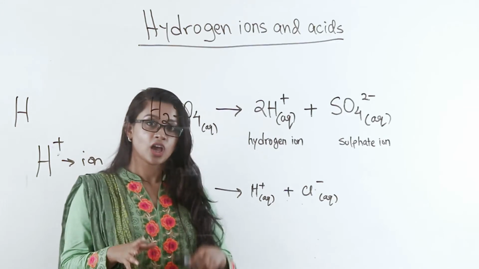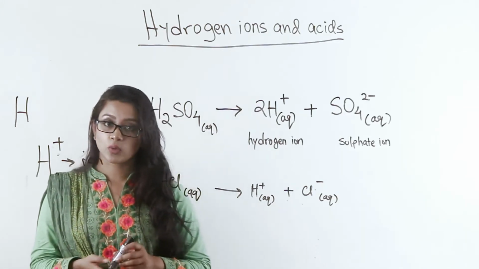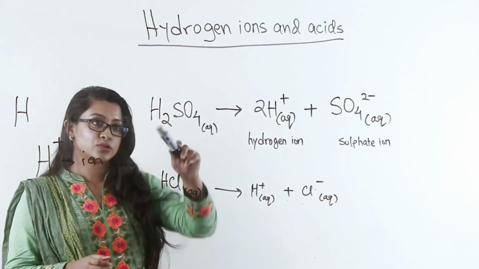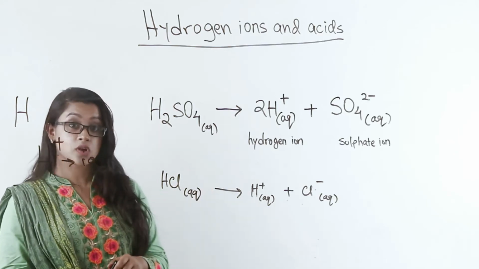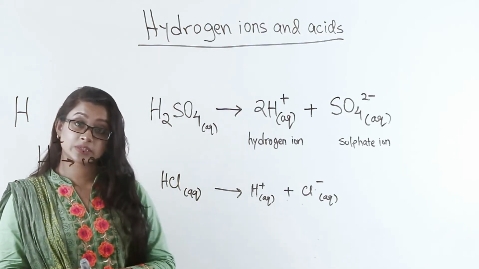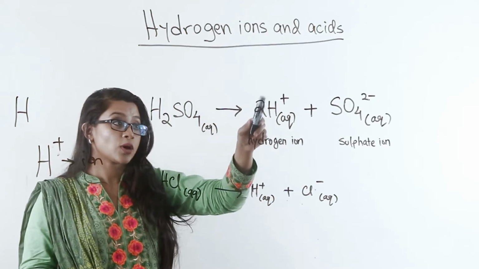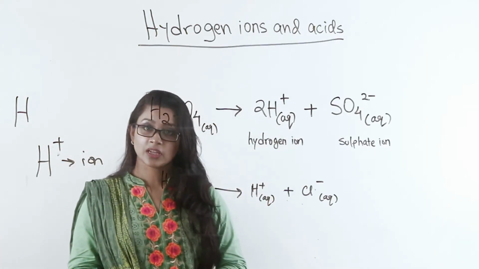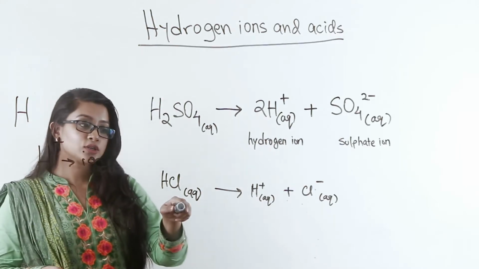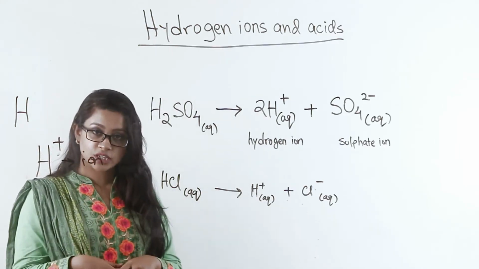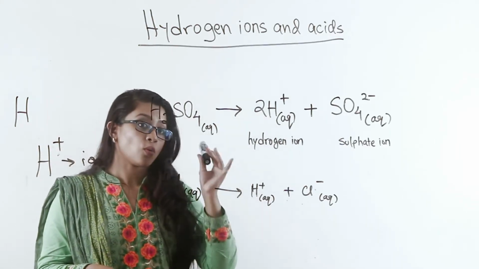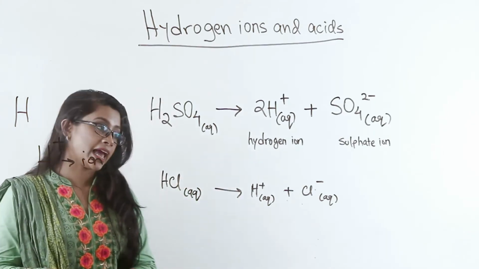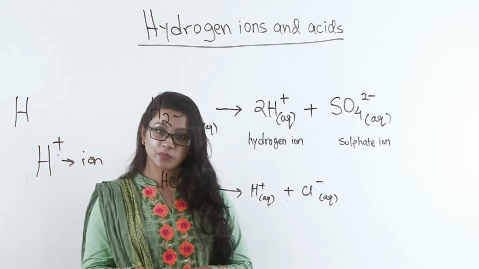So moving on, whenever acids are dissolved in water, they form hydrogen ions. Sulfuric acid dissolved in water, shown by the aqueous sign, forms two hydrogen ions and a sulfate ion. Similarly, when hydrochloric acid is dissolved in water, it forms one hydrogen ion and one chloride ion.